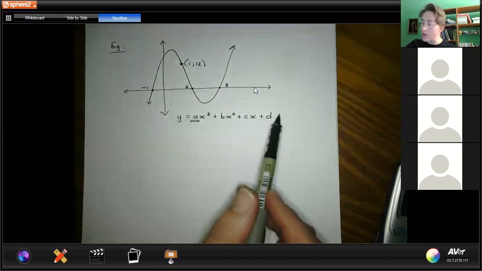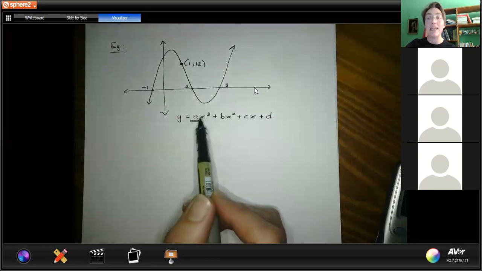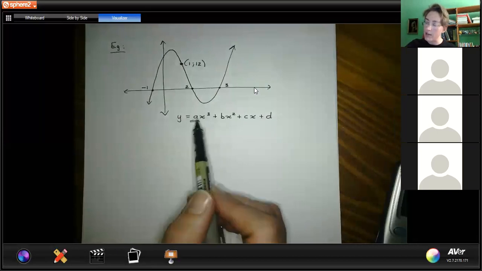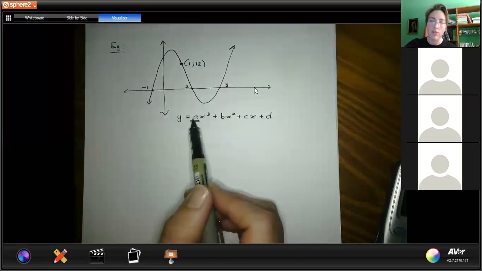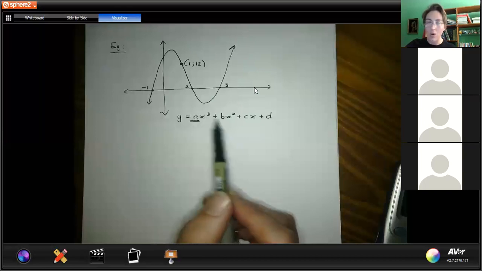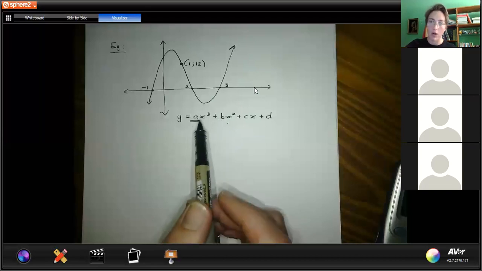The reason there wasn't an a in front of the x cubed is because they, technically speaking, already gave you the value of a. So they tell you the graph is the graph x cubed, it means the coefficient of x cubed is 1. But that's where it gets a little bit confusing, because now instead of saying this is the a value, they call the coefficient of x squared the a value. So please, whatever they call it, you have to use their reference to it. You can't go back to what we generally use.